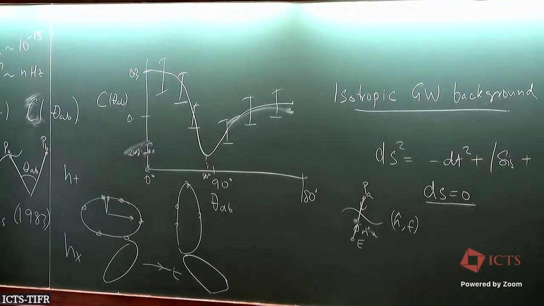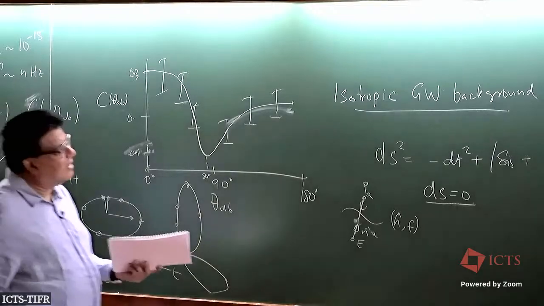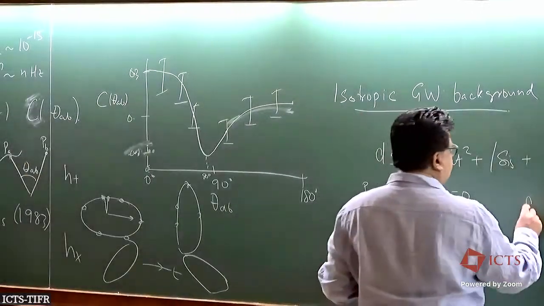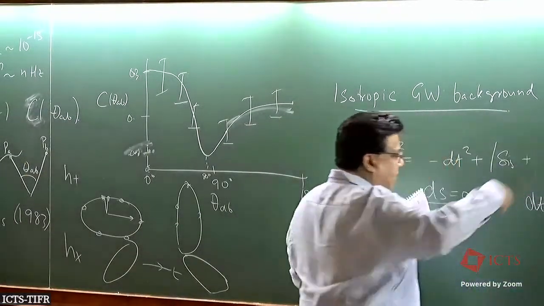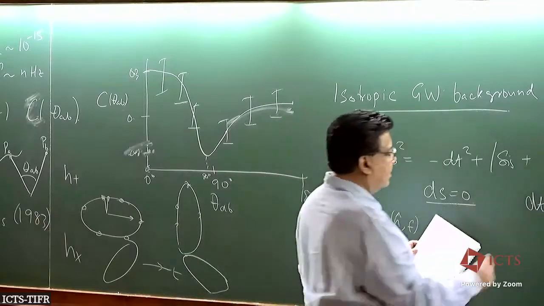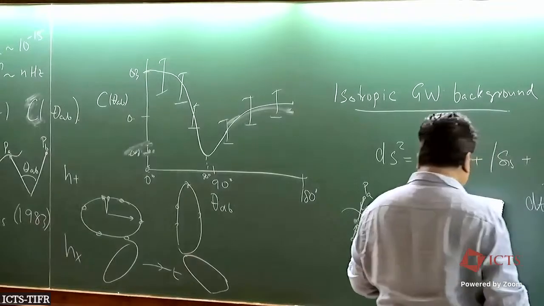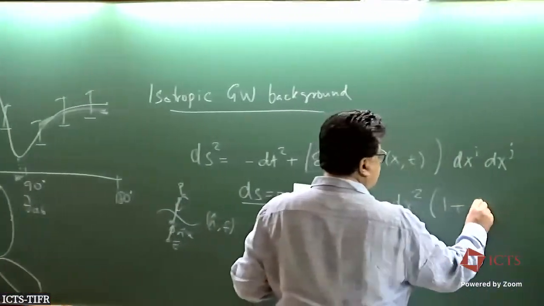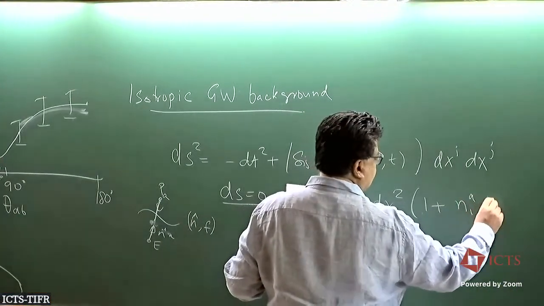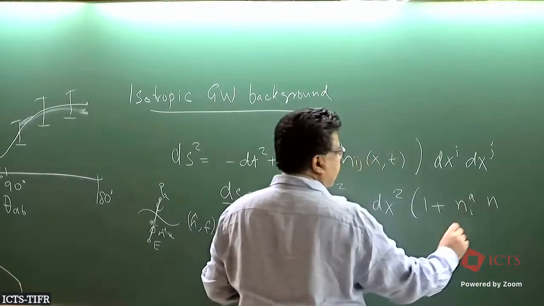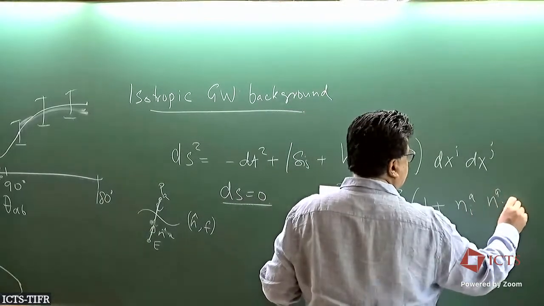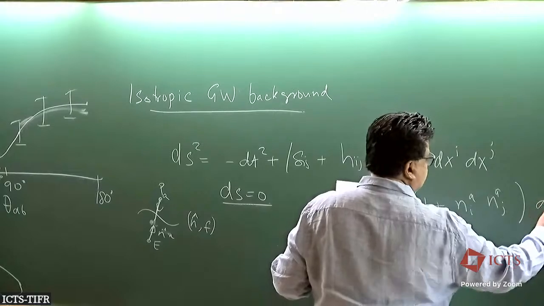Okay, so ds is 0, which means that the time of flight of the light beam is dt squared equals dx squared, which I will write as 1 plus n_A^i n_A^j h_ij.